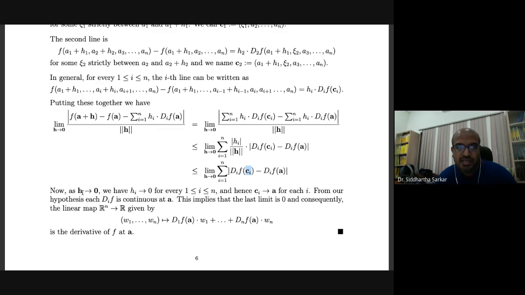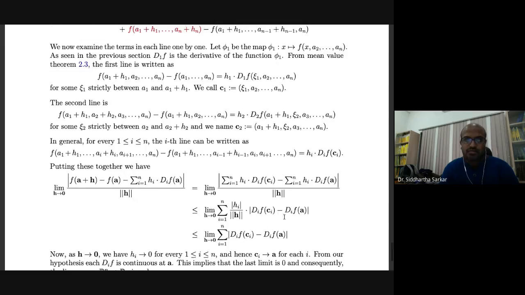So as h tends to 0, for every i we get ci tends to a. And then I am also assuming the continuity of dif. So this means that this sum is converging to 0. That means the right hand side is going to be 0 in the limit as h tends to 0. Therefore this limit exists, and hence the function is differentiable.